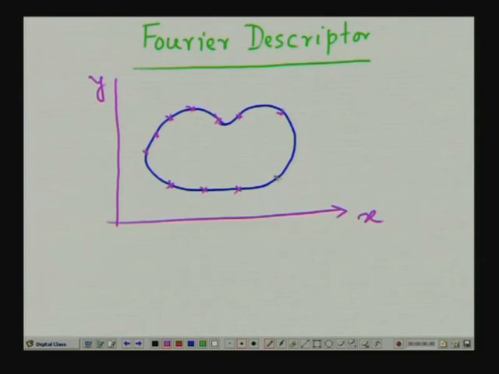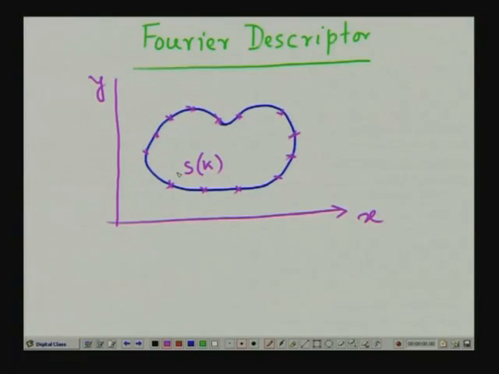So, what is this boundary? This boundary is actually a set of points, and let us represent a particular point by Sk. So, this boundary is nothing but a sequence of such points Sk in our discrete two dimensional space x y. This Sk in two dimensions will have coordinates given by xk and yk.